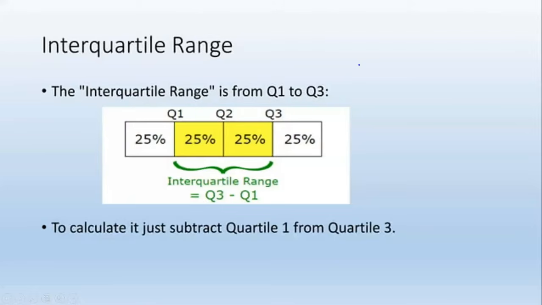Meron din tayong tinatawag na interquartile range. We all know that range is highest minus lowest. But pag dinagdagan natin siya ng adjective or word before the range, so Q3 minus Q1 na yung magiging formula natin for interquartile range.